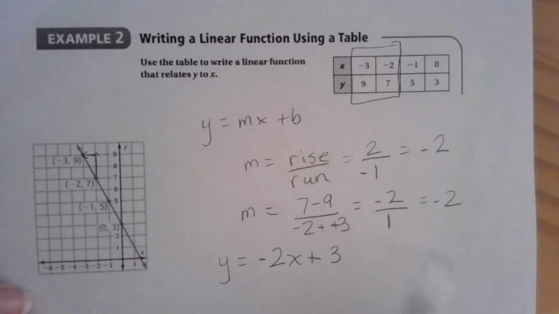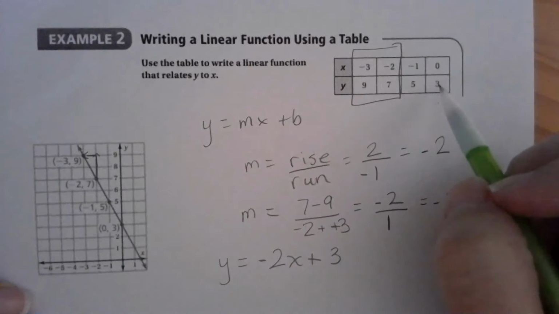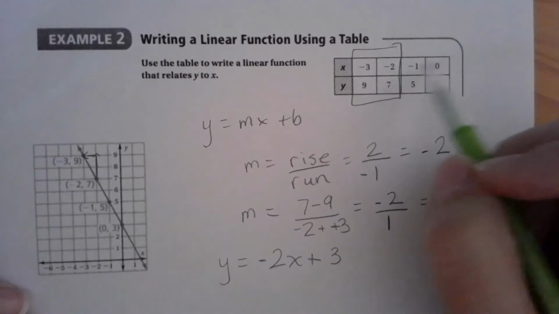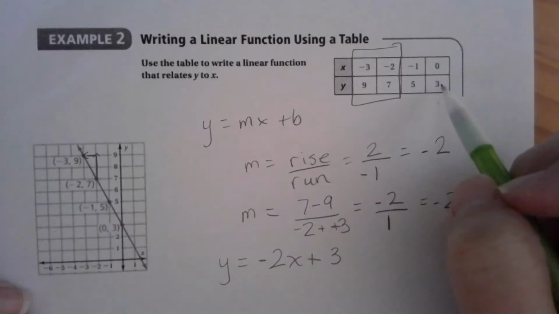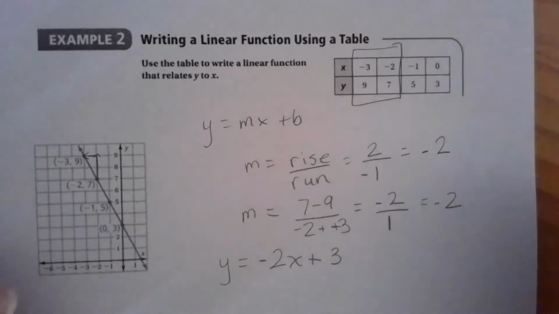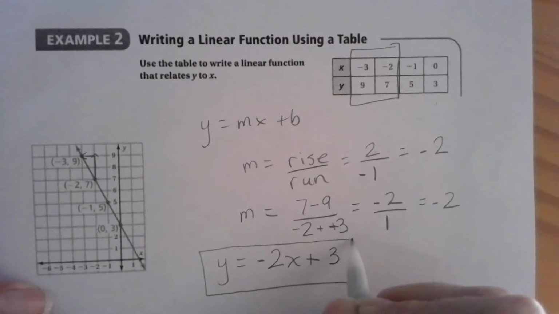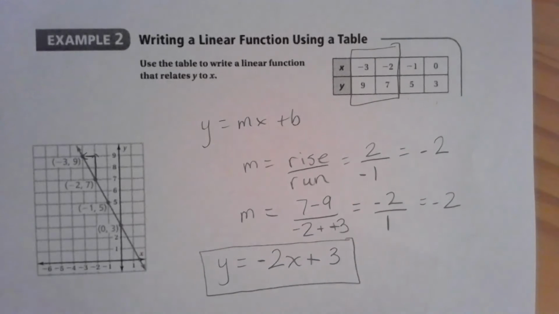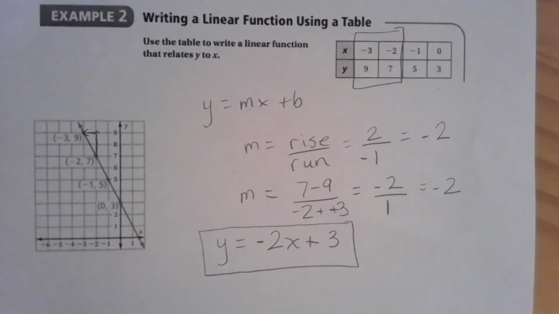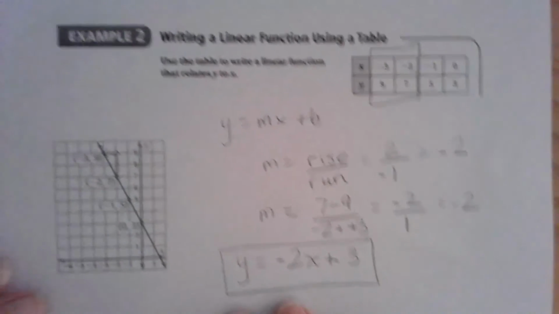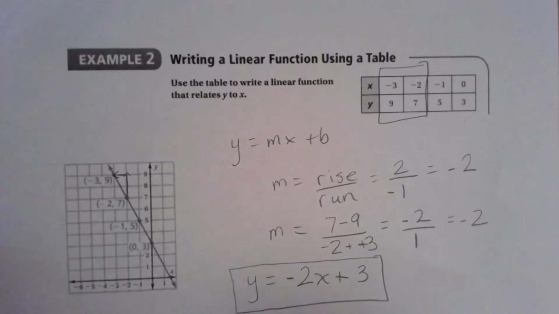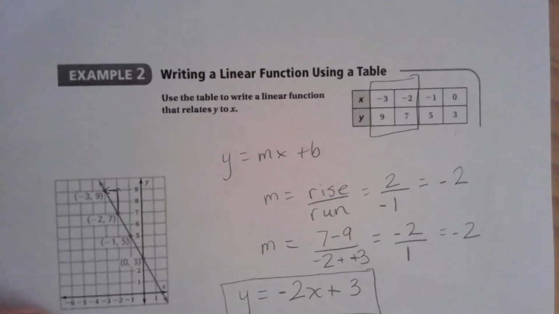But in this table, you could see, right, where x is 0, that is the y-intercept. Okay, so then we have now written the linear function, aka the linear equation that matches the line. Okay, so all of this is prior knowledge. We're just giving it a different name. It's a linear function, but it's the same thing.